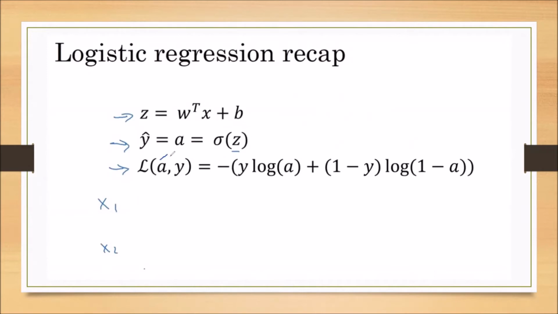You can observe we are taking only two variables here. One is a, the predicted output, and the second is y, the original output. If the predicted output and original output are almost similar, then the loss function value becomes very small.